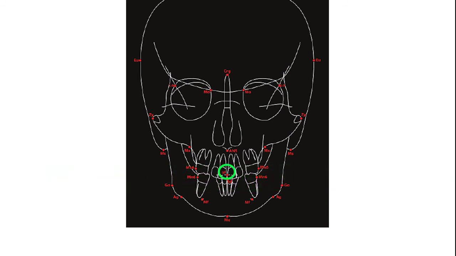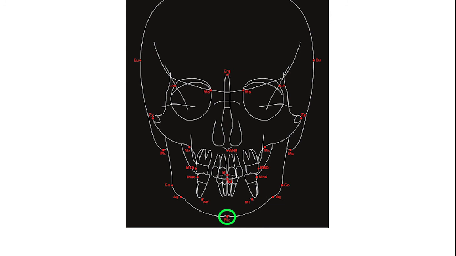Incision inferius frontale, IIF. The IIF is the midpoint contact between the mandibular central incisors at the level of the incisor edge. Menton. Menton is the midpoint on the inferior border of the mandibular symphysis. Up to this point, these five landmarks are the midline landmarks.